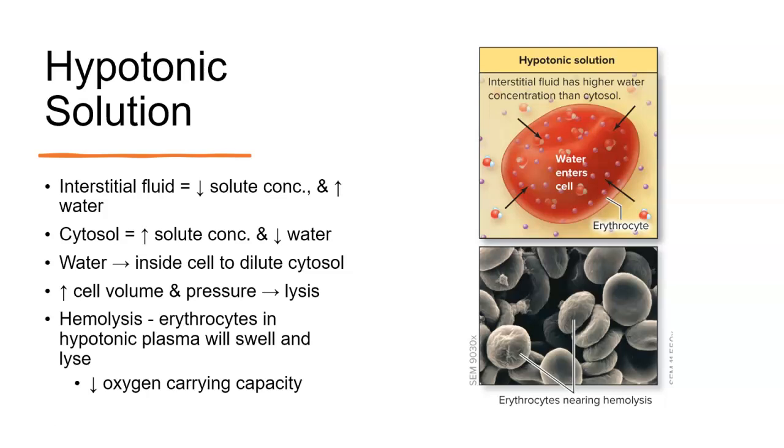Now, we've already established water moves from where there's more to where there's less. So the water's going to move from outside here in the interstitial fluid into the cell. That increases the volume of fluid in the cell, increases the pressure on the cell membrane, and can cause the cell to lyse or to burst, sort of like overfilling a water balloon.